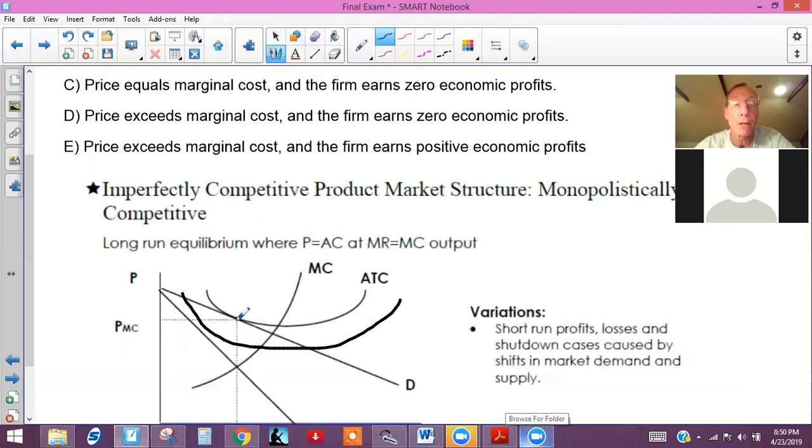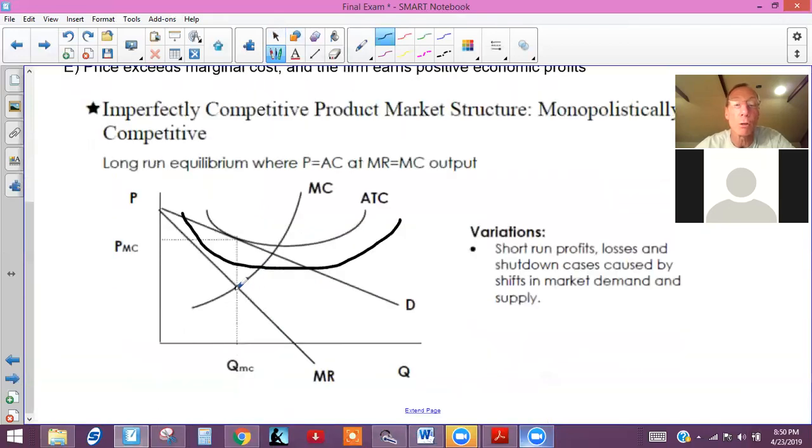And then they're going to produce here, where marginal revenue equals marginal cost, and they're going to have a price up here, and from here to here would be their positive economic profit. But because average total cost is below price, they're not in long run equilibrium because they're earning a profit here, right? So that can't be it.